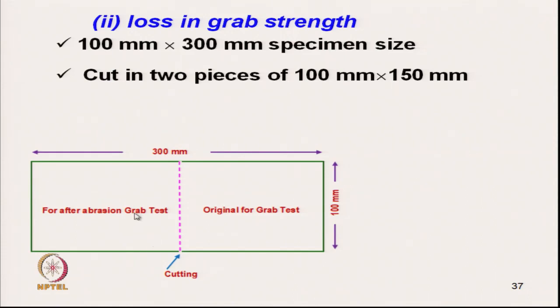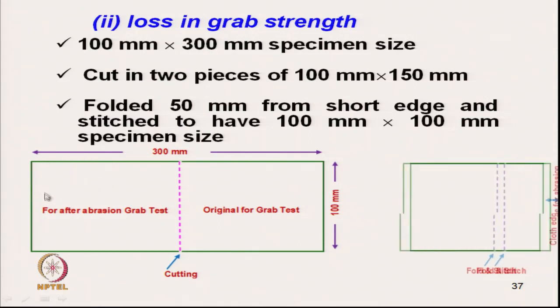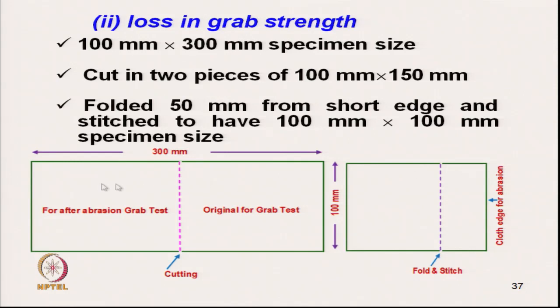Now, before rubbing we have to prepare this sample. How to prepare? We fold 50 millimeter from this side, this is 150 by 100. So, from this side we fold by 50 millimeter, and it is folded and stitched.